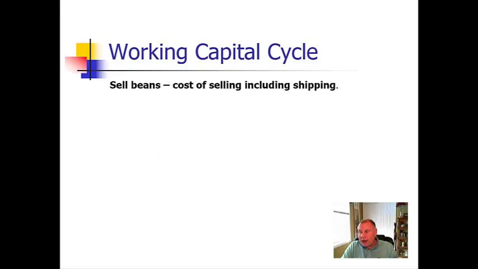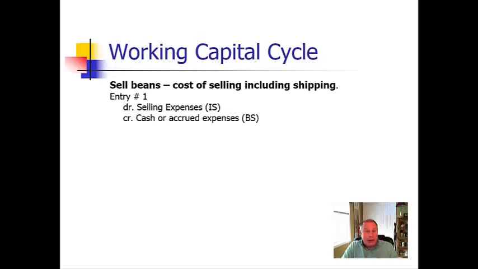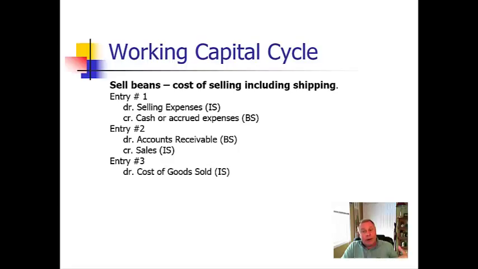Now, when you sell the beans, there's the cost of selling, including shipping. So you're going to debit selling expenses, and credit cash or accrued expenses. Entry 2, accounts receivable, and then the credit finally goes to sales, and we now need to transfer the cost of sales out of the inventory, which is balance sheet.